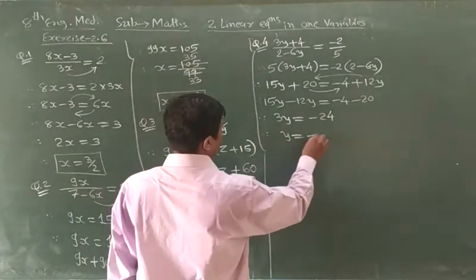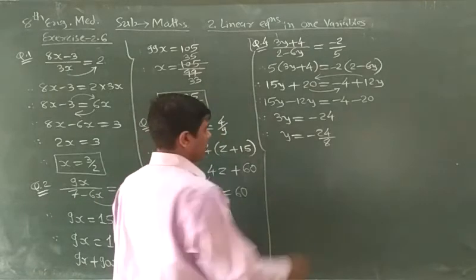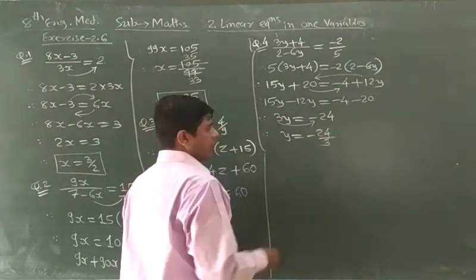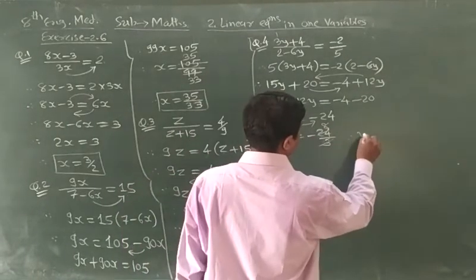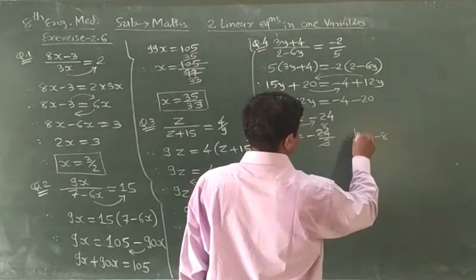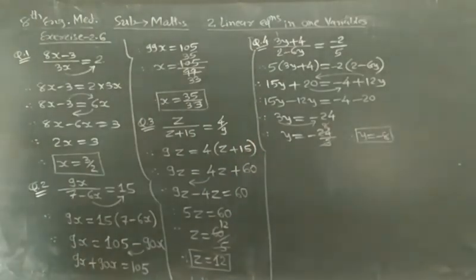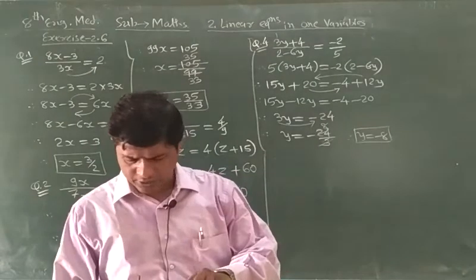Y is equal to minus 24 by 8. Okay, 3 8s are 24. So y is equal to minus 8. This is the answer of question number 4. Okay, now we solve question number 5 of this sum.